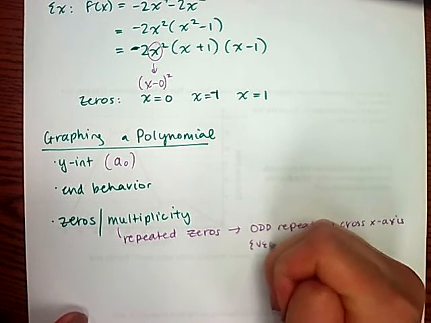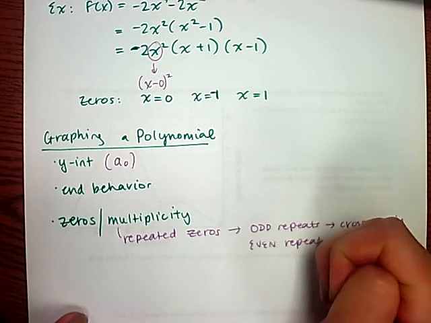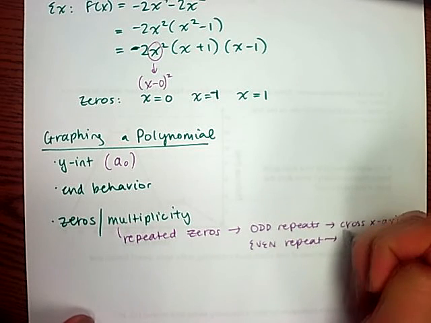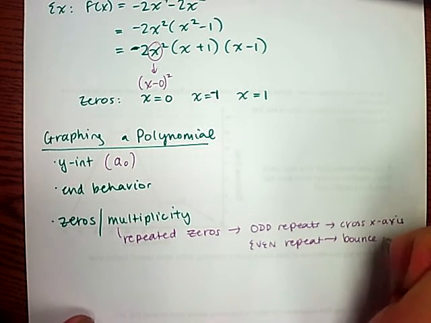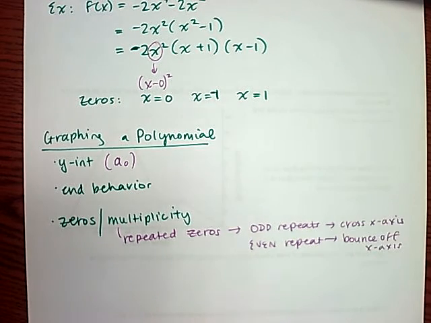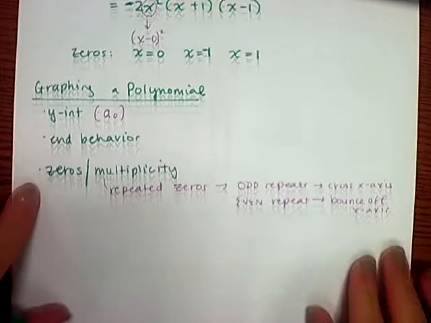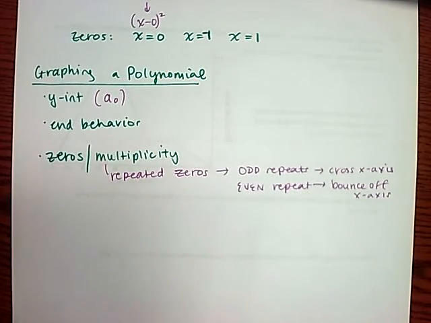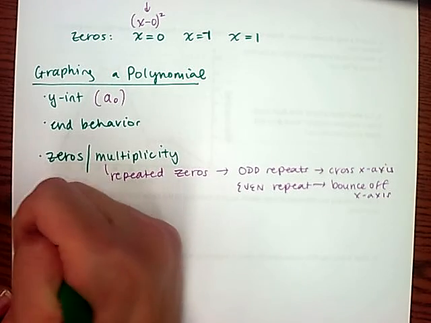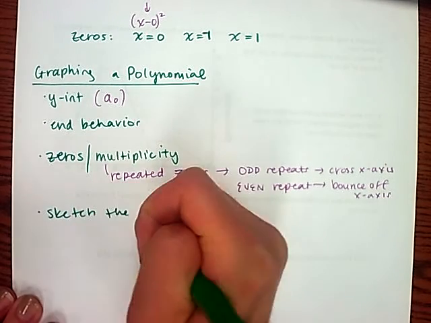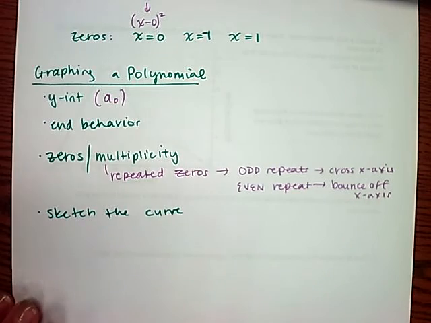And an even number of repeats means that you're going to bounce off the x-axis. So then the last step would be to sketch the curve. And sometimes we'll plot some points in between.